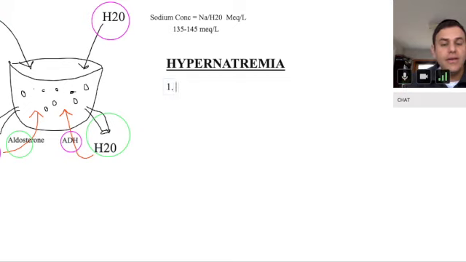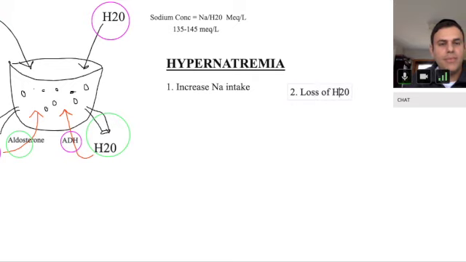Okay, number 1 is the green circle over there in the top left corner, which is increase Na into the body. That's pretty straightforward. We're just going to say increase Na intake. And then green circle number 2, down there on the bottom right corner, is loss of H2O.